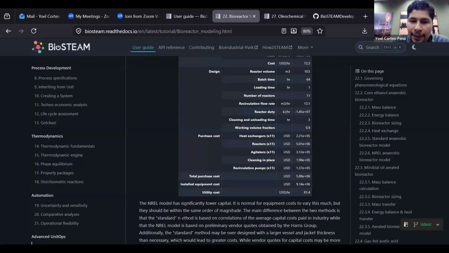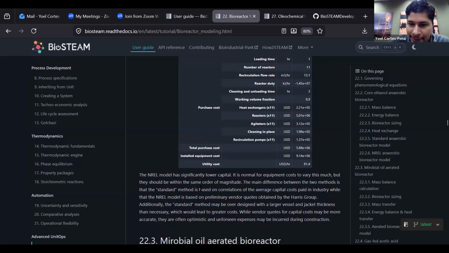So it's normal for equipment costs to vary significantly between different models, right? Since capital cost is one of the most uncertain things out there, and correlations typically have between -30 to +30% uncertainty. The standard method is based on correlations for average capital cost paid in industry, while the Enroll model is based on preliminary vendor quotes.